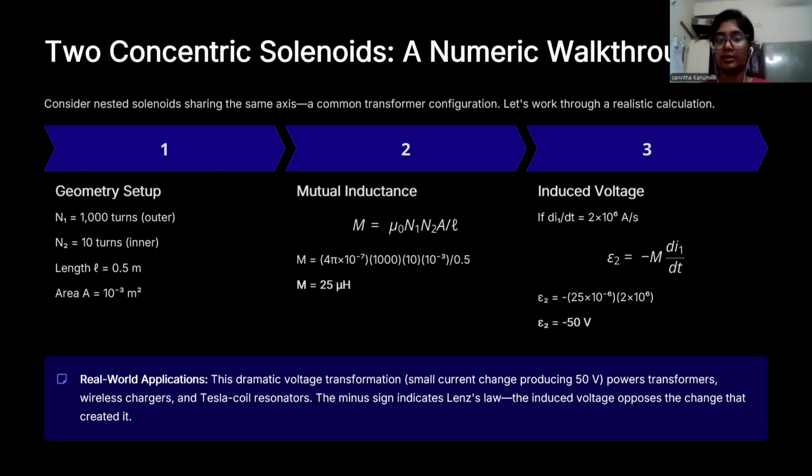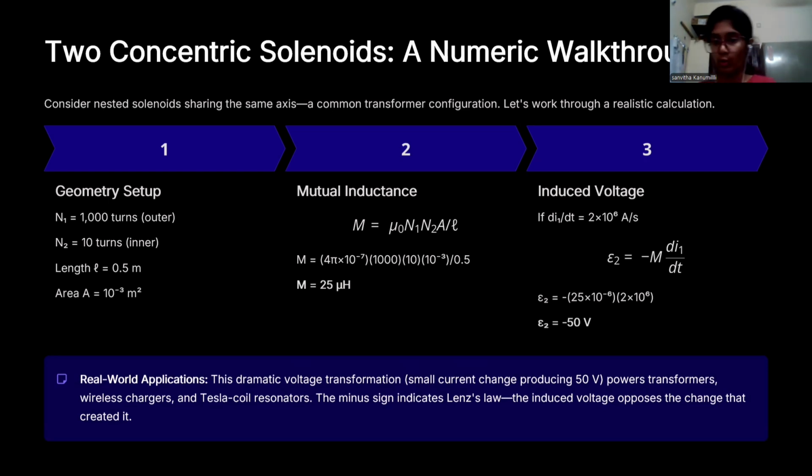Coming to mutual inductance, we have the formula M is equal to mu naught N1 N2 A by L. Substituting the values: 4 pi into 10 to the power of minus 7 is the free space permeability, N1 is the outer number of turns, 1000, and N2 is the inner number of turns, 10. The cross-sectional area is 10 to the power of minus 3, divided by length 0.5. When we substitute, the value becomes M is equal to 25 microhenry.